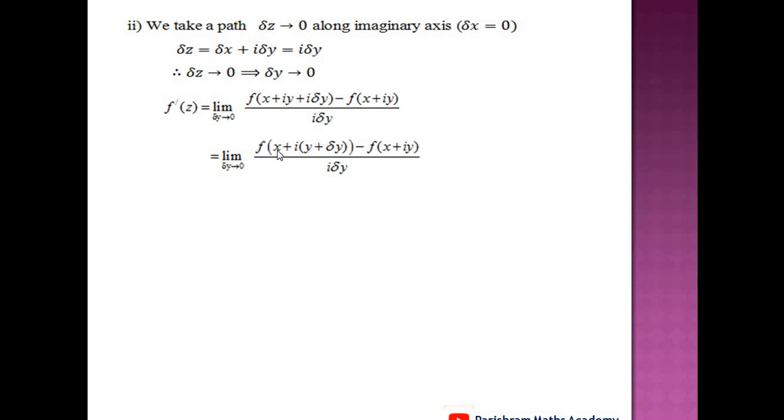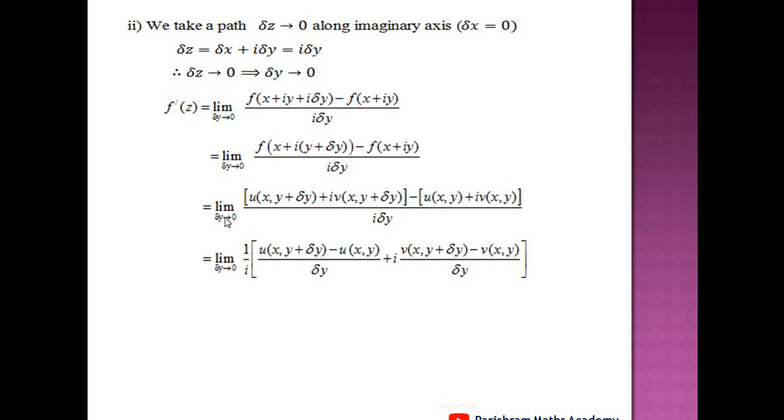Equal to limit delta y tends to 0 of [f(x + i(y + delta y)) minus f(x + iy)] upon i delta y. We can express the function in terms of u and v. Therefore [u(x, y + delta y) + i v(x, y + delta y)] minus [u(x, y) + i v(x, y)] upon i delta y.